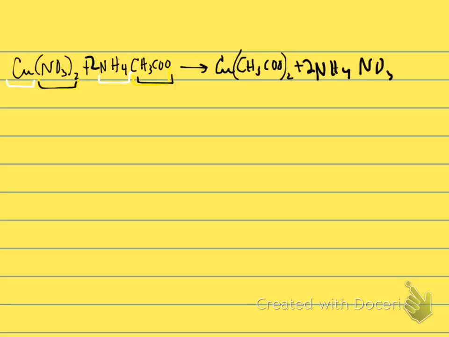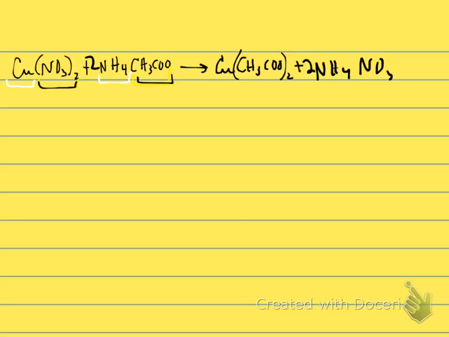Okay. So we didn't get a precipitate out of this. Thinking back to reaction types and evidence of chemical reactions, what does it mean when a precipitate appears? That we have formed an insoluble compound. Well, guess what?